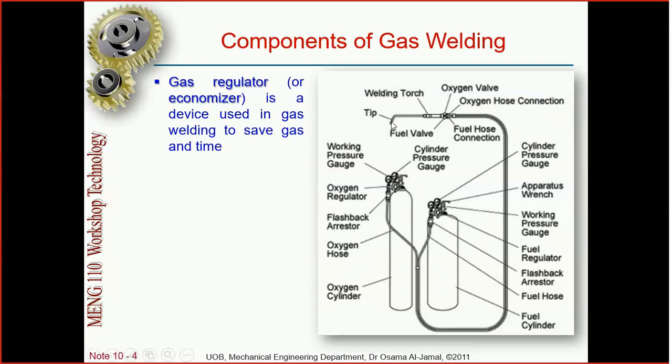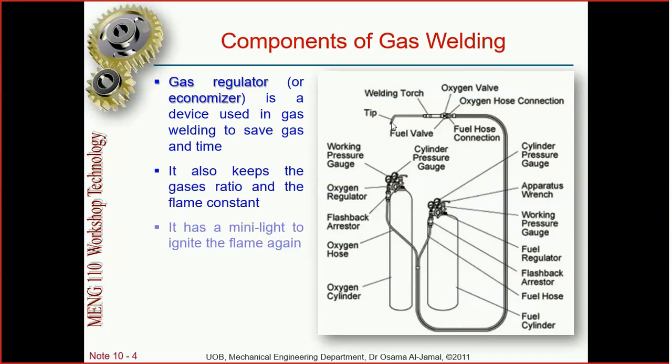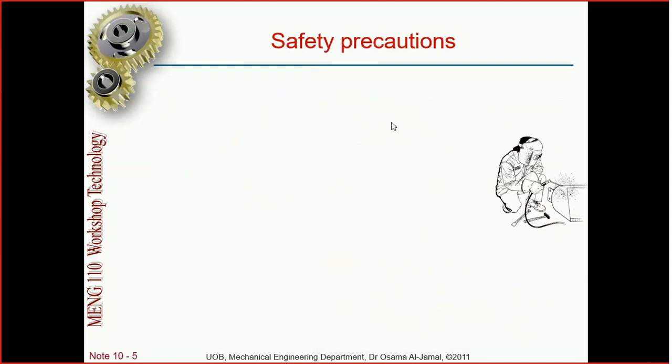From the tip the flame will be produced. Using this we can control the flow of gas, and also maintain a constant ratio. Now we need a mini light or torch to ignite the flame. So this is how gas welding is done.